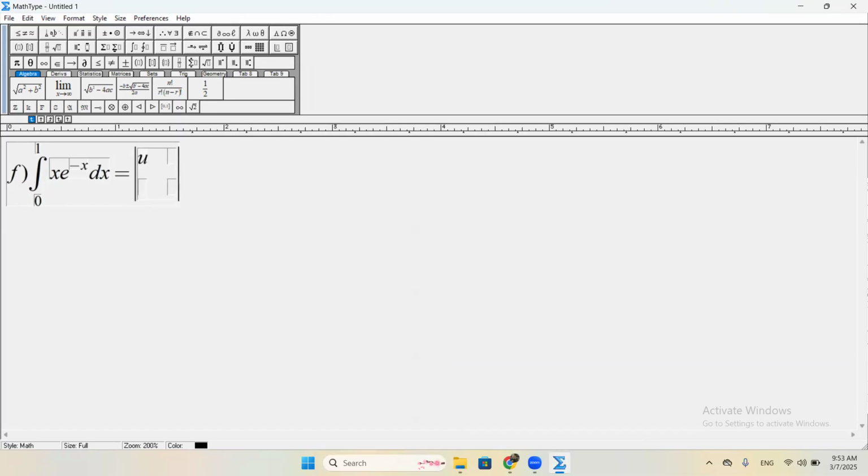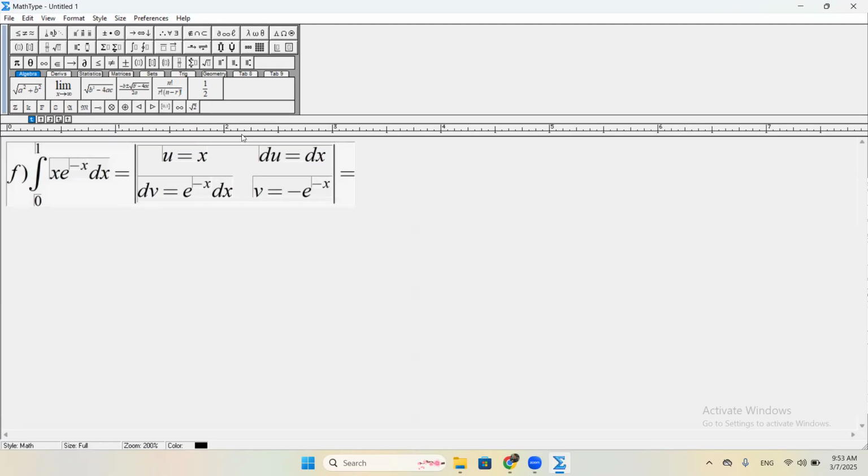So u equals x and du equals dx respectively. Then dv equals e to the power of minus x dx. So v equals minus e to the power of minus x.